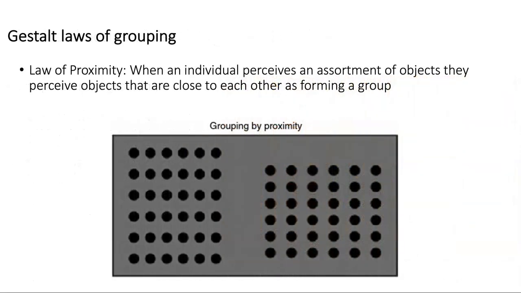Gestalt people provided a set of laws of grouping. It included the law of proximity, which basically said that we perceive an assortment of objects that are close to each other as forming a group. So this is very explicitly shown in this figure.